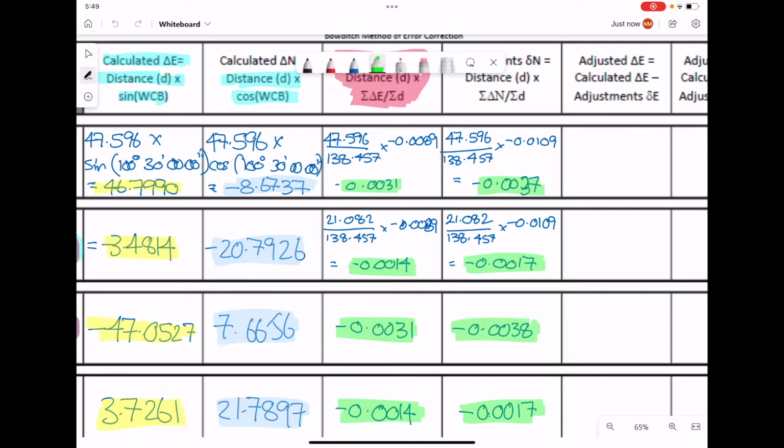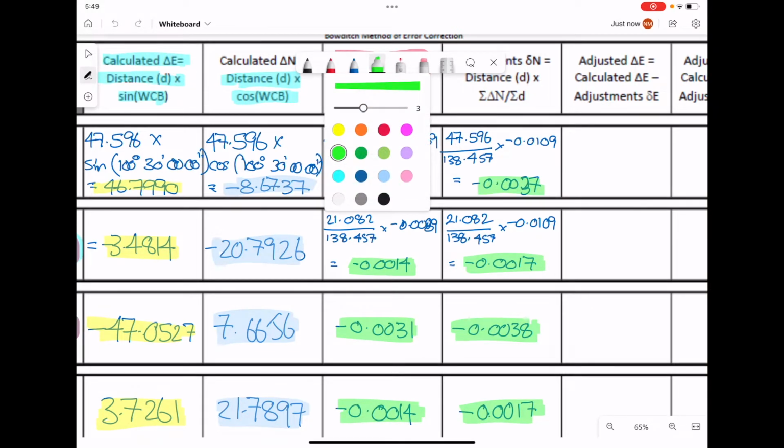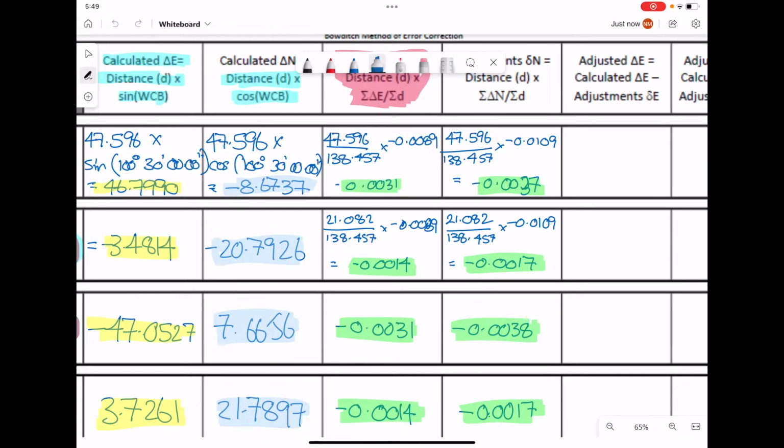So now to do the adjusted partial easting, we're going to take our partial easting and take away our little adjustment in this row.